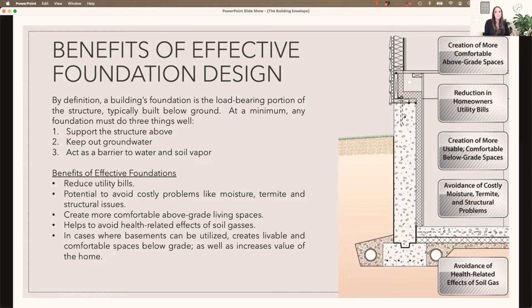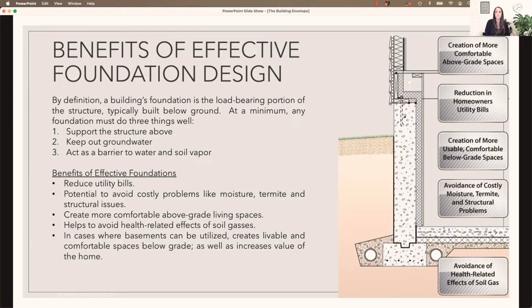So foundations can reduce your utility bills. They can potentially avoid costly problems like moisture collection or termites. In some areas, termites are very prevalent, and having a solid concrete foundation versus wood construction is going to be better. You can help create more comfortable living spaces above the foundation because you can add an insulation layer between the floor and the foundation.